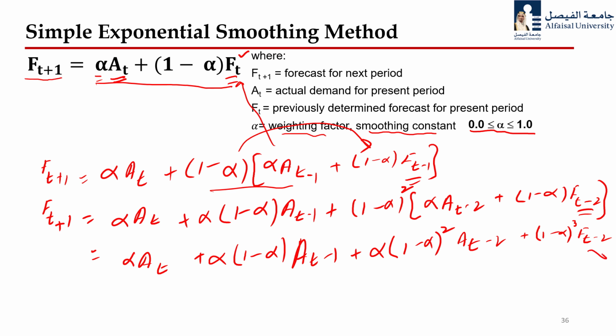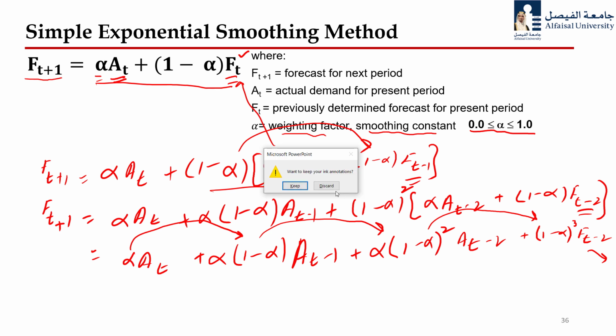If we expand this further, we can see that as time moves towards the more previous values, the weight decreases exponentially. The weight becomes smaller and smaller as we move towards the previous time periods.